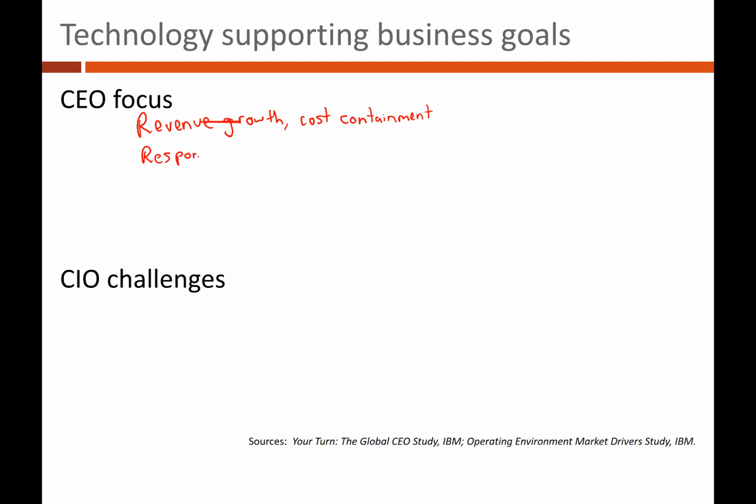Responsiveness to business conditions. So the idea here is, if I'm the CEO, I want to be able to spot an opportunity in the market and capitalize on it. If we see something out there that we could take advantage of, we want to be able to jump on it.